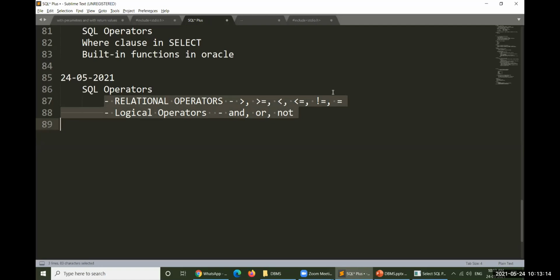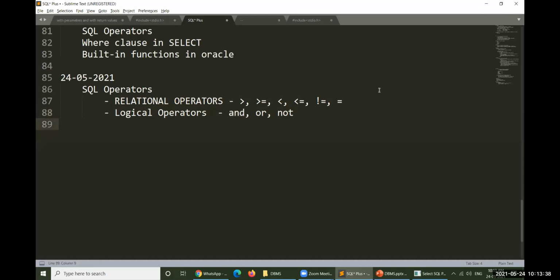What kind of data will be taken by relational operators and what are the outputs we know. They can take any kind of data as input, but produce only true or false as output. Logical operators take true or false as input and also produce true or false as output.